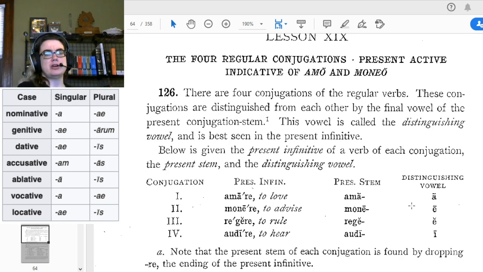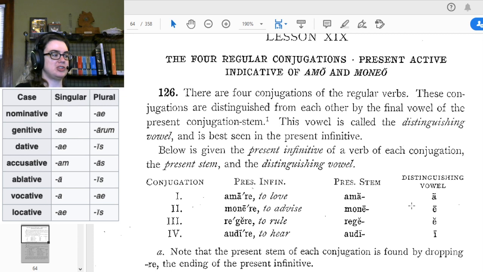The conjugations are distinguished from each other by the final vowel of the present stem, the distinguishing vowel. In the present infinitive, you have amare for the first, monere for the second, regere for the third, and audire for the fourth. If you remove the -re, then you get the present stem, and the vowel ending the stem is going to be the distinguishing vowel.